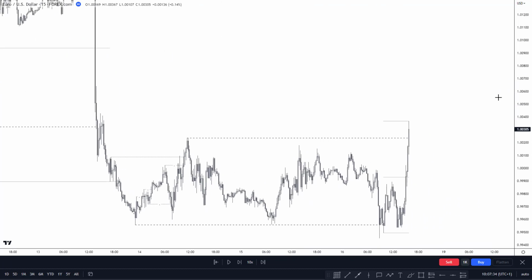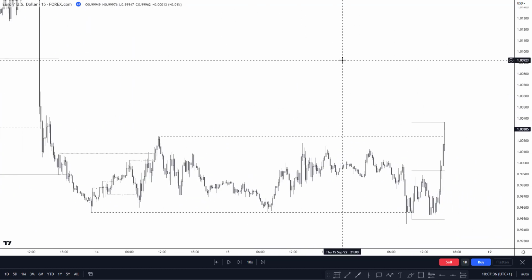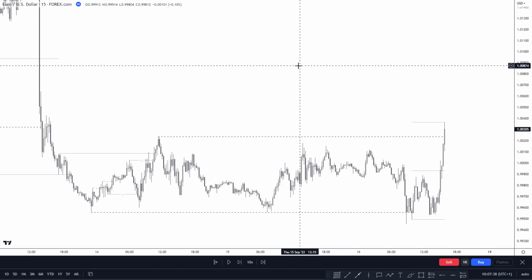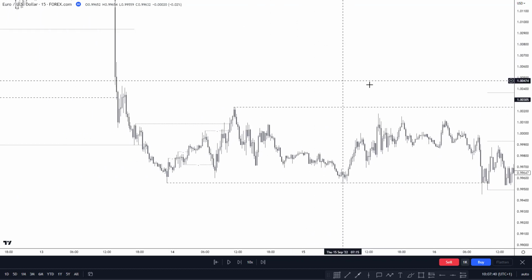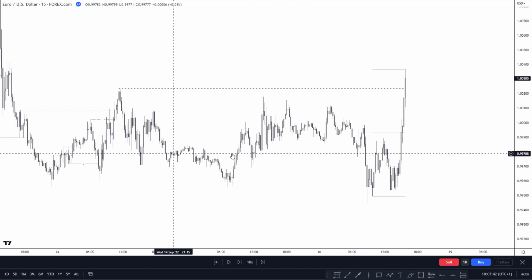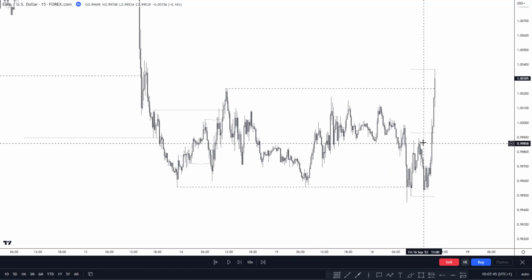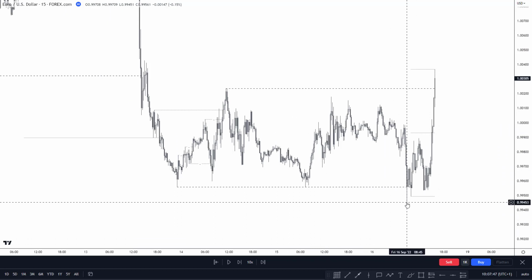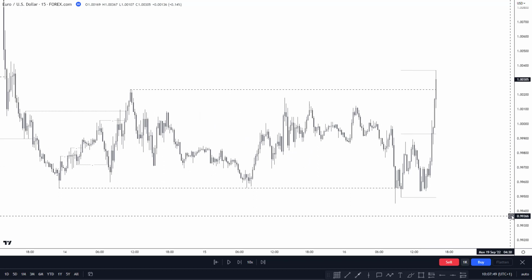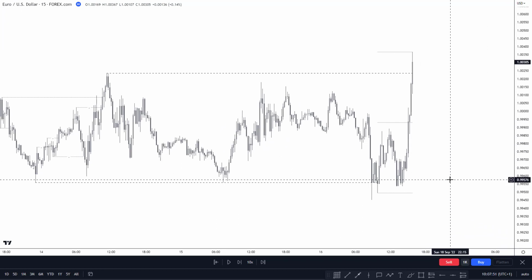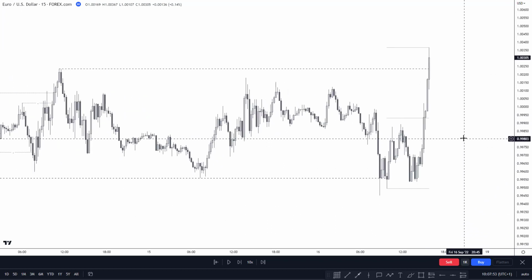So expectations wise, ideally in these cases, you'd want price to have continued down from here and broken this low, but you never know for sure what price is going to do.